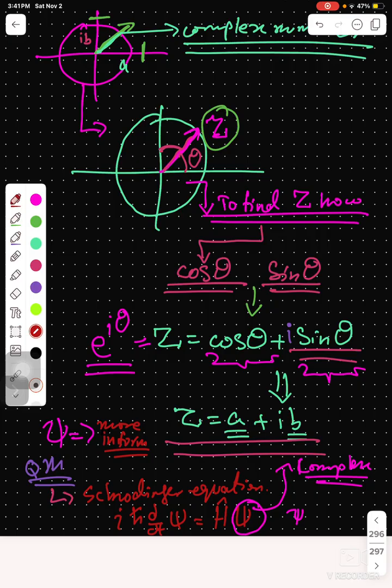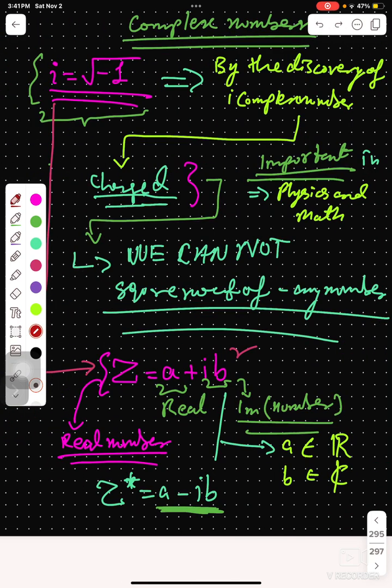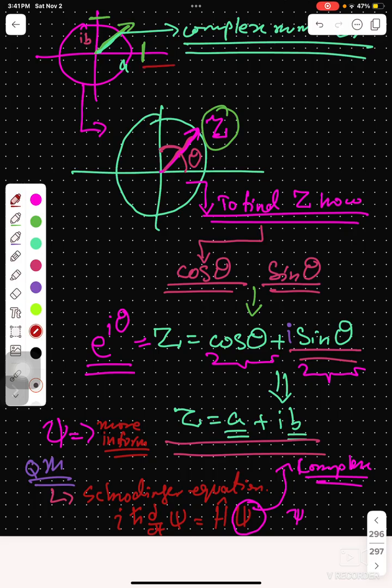Okay, and one more thing over here: we know that for z, a squared plus b squared, under a square root, equals the absolute value of z.